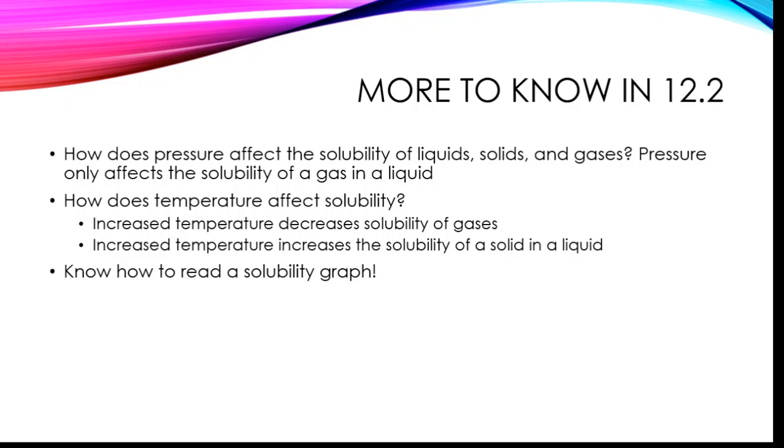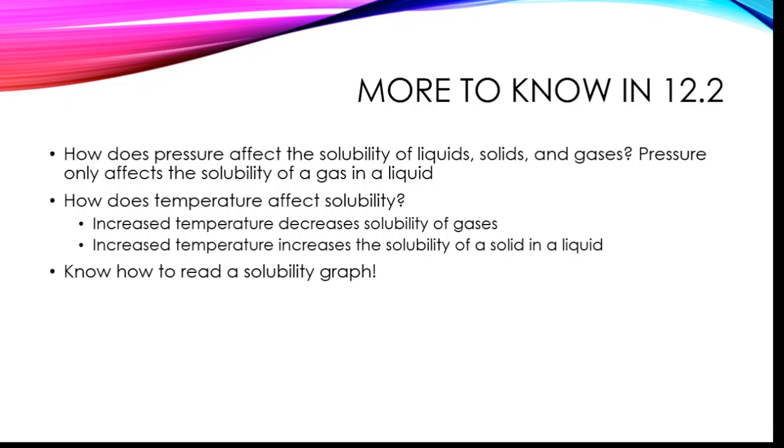How does temperature affect solubility? Increased temperature will decrease the solubility of gases. When you're looking at the solubility graph, the gas substances will have a line on a downward slope, and that means that an increase in temperature decreases the solubility of that gas. If you have a solid or a liquid, increased temperature is going to increase the solubility, and you'll see that on the graph too.